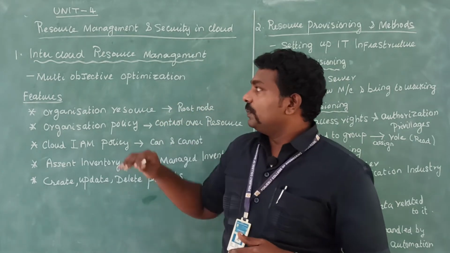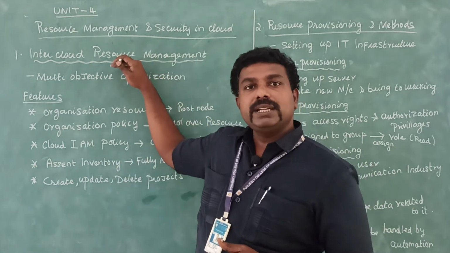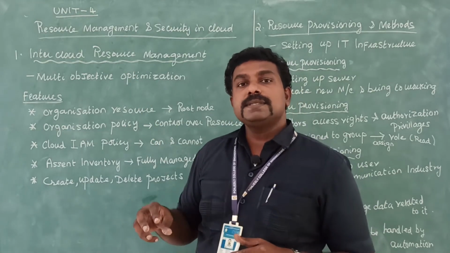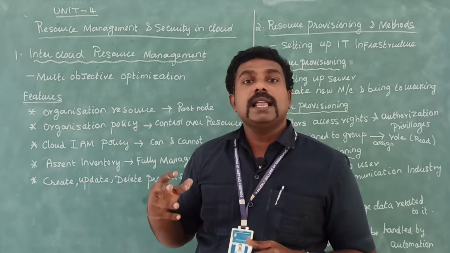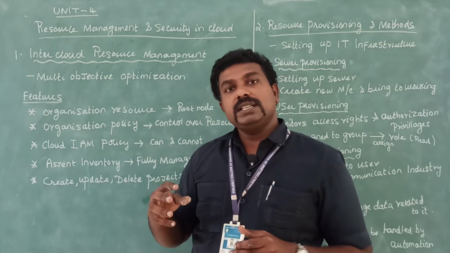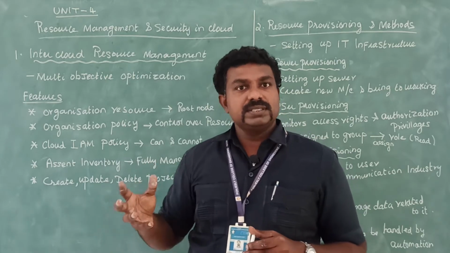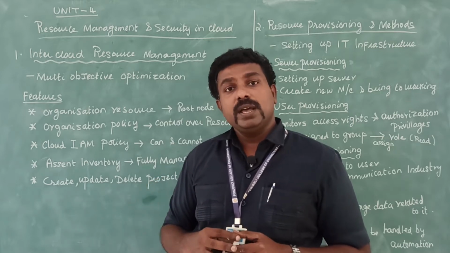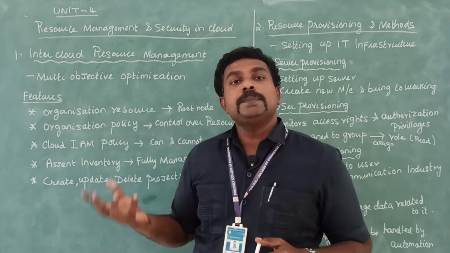The prime objective of inter-cloud resource management is that it helps in attaining multiple objectives. There will be different clouds, different cloud environments, and different applications working in the cloud, so there will be multiple objectives.